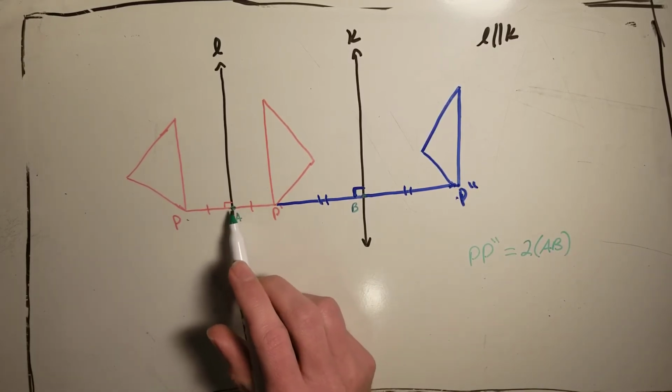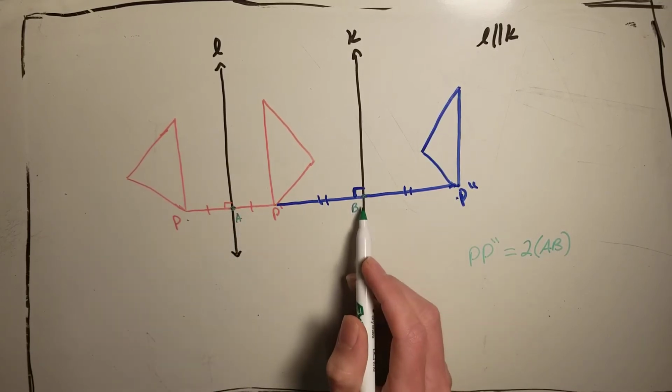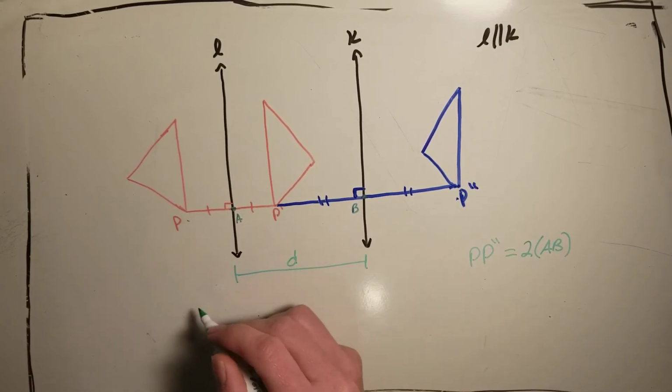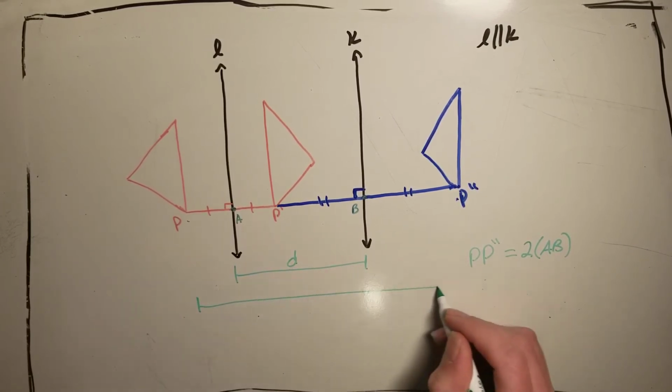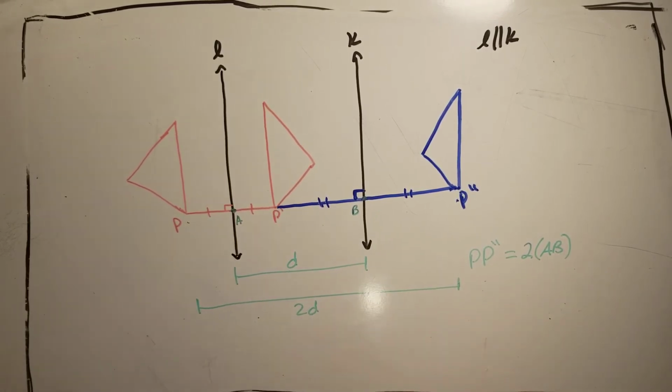So the distance from A to B, or the distance between line L and line K, the distance from P to P double prime in this case will be 2D. That's what we have going on here.